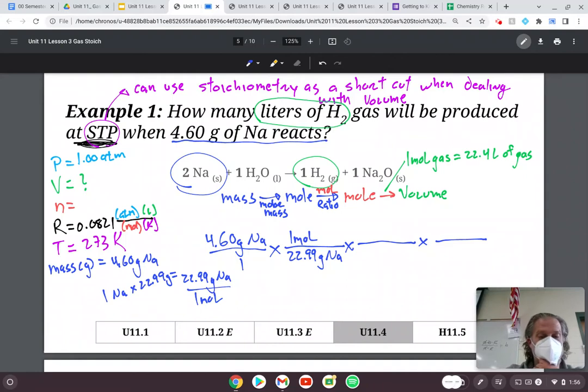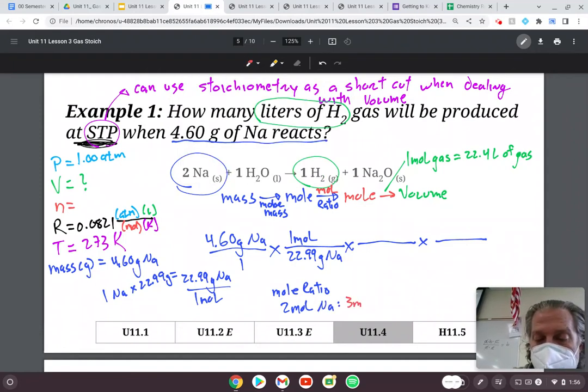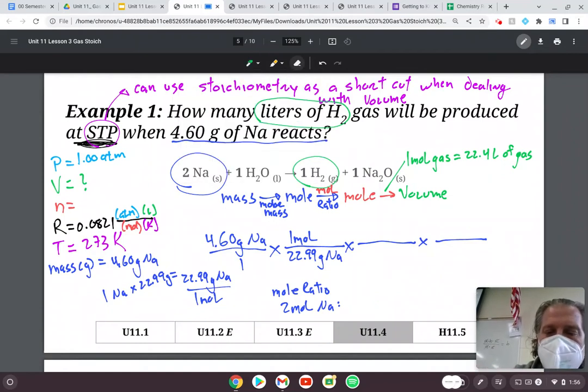In the next step, when we go mole to mole, we're going to need to use the mole ratio. And when we use the mole ratio, I can see that the mole ratio between sodium and hydrogen is for every 2 moles of sodium, there is 1 mole of hydrogen.